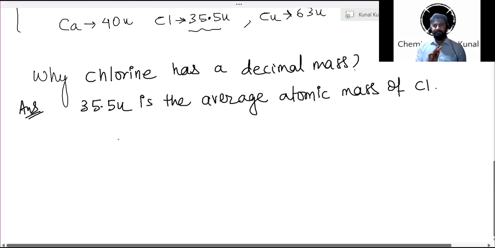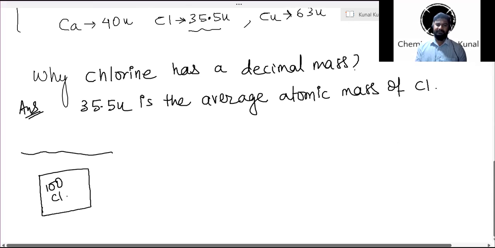See, suppose you are a geologist and you came to know that somewhere down in the earth's surface, there is a place where there are 100 chlorine atoms available. Just take a hypothetical case. You take them out and give them to a chemist.